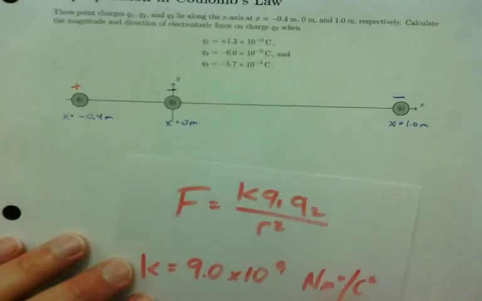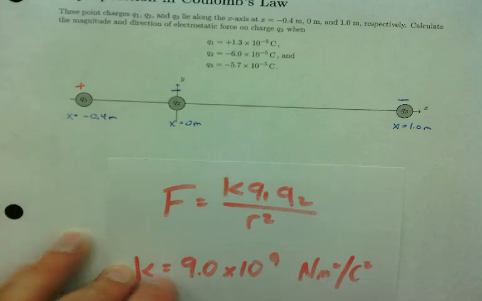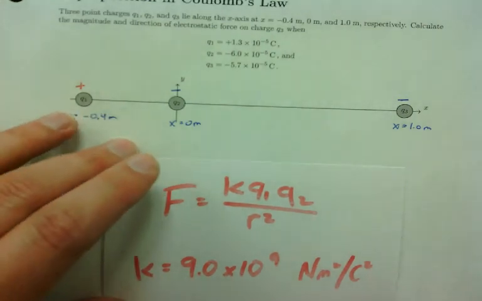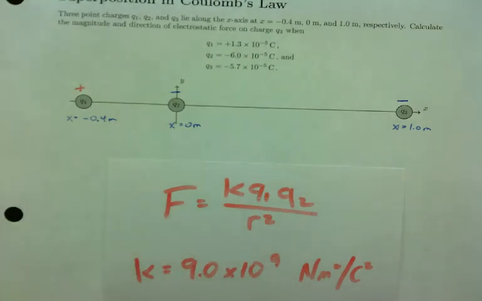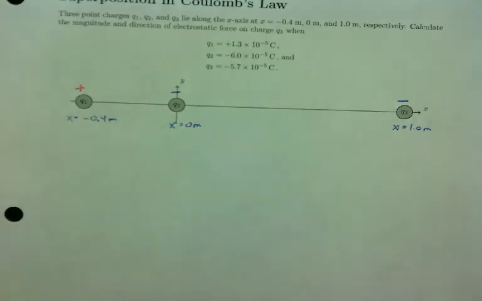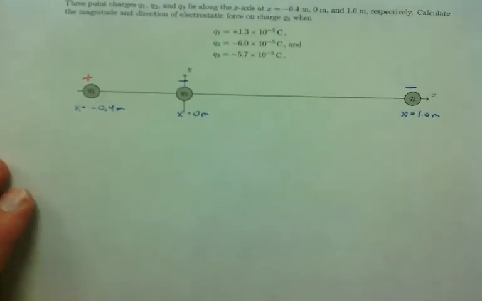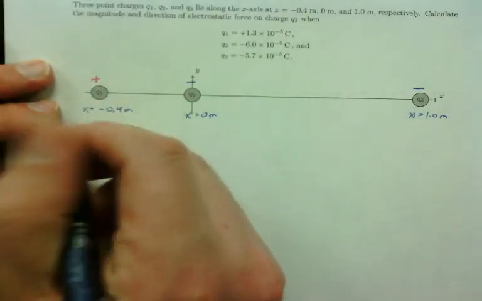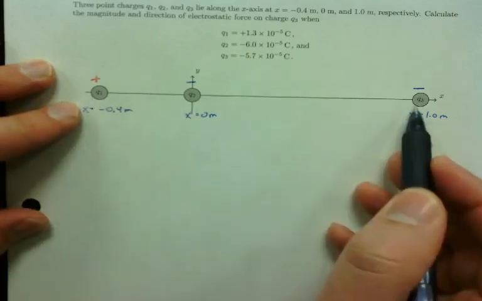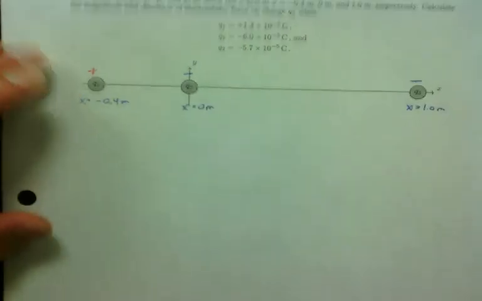As we said, the Coulomb's law equation only works for two charges at a time. So the way I usually do this is I figure out how many pairs of two charges there are. There should be three pairs here, right? 1 and 2 is a pair, 1 and 3 is a pair, 2 and 3 are a pair.